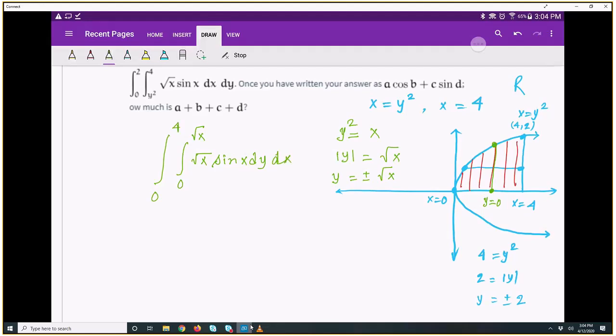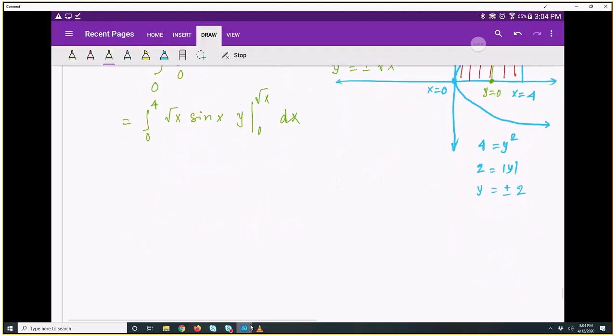When I'm integrating with respect to y, I'm treating the x term as constant. So I will get the integral from 0 to 4 of square root of x sine x, which is the constant and has nothing to do with the integration. The integral of dy is just y, with limits 0 to square root of x. Once I have this, I'm going to integrate with respect to x finally.